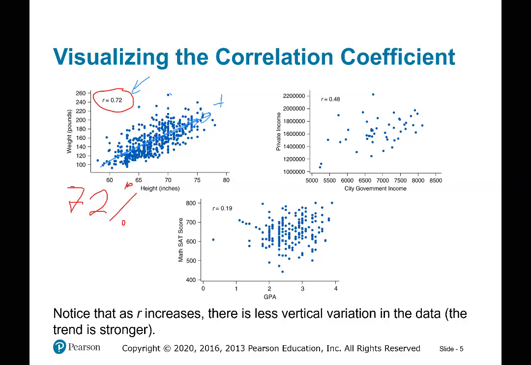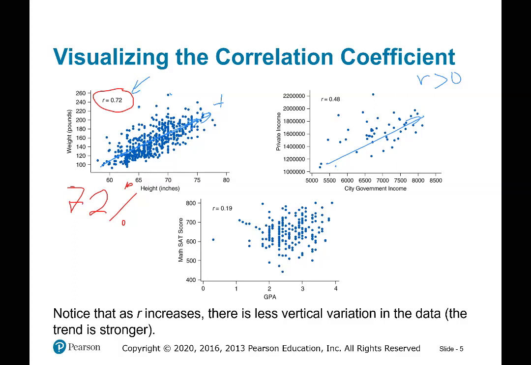For the second one, the data looks like it is going up also. The trend is going up, so R has to be greater than 0. But the thing here is the data is spread out. It's not close to each other.